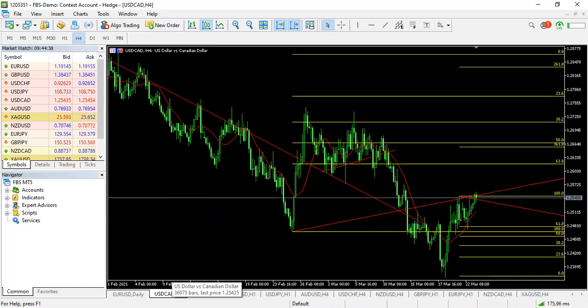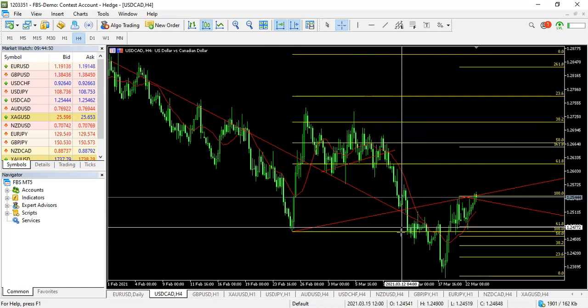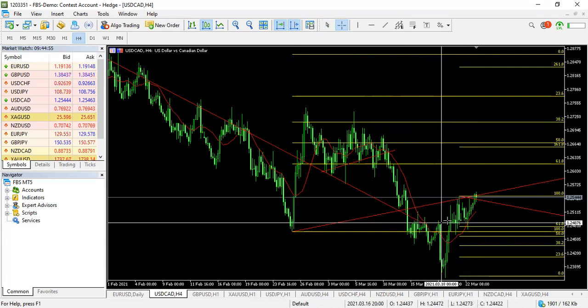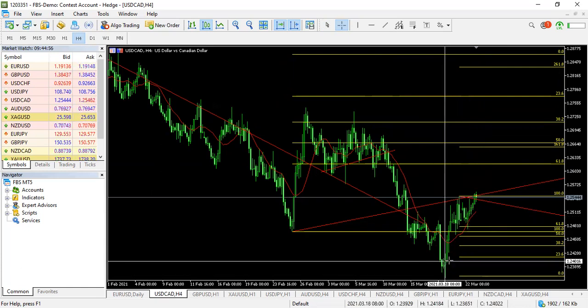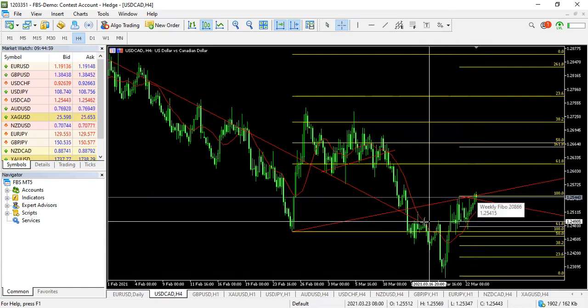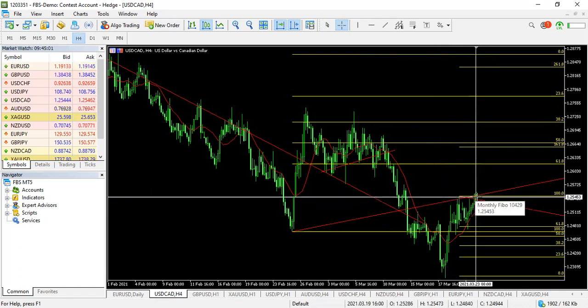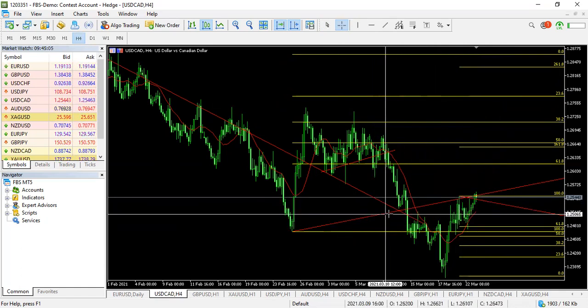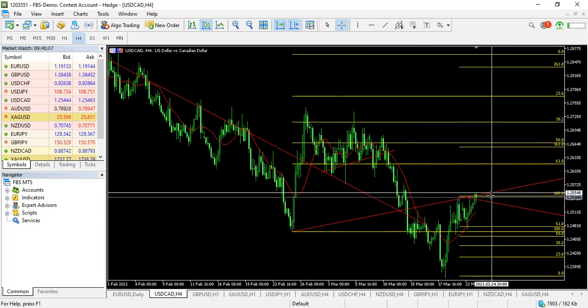The USD CAD here is almost the same as the Euro USD, but here we sort of have an idea of what's going on. The inverse head and shoulders: the right shoulder, left shoulder, the head over here, and it looks like the pair is about to break above the neckline, which is this red zone here.